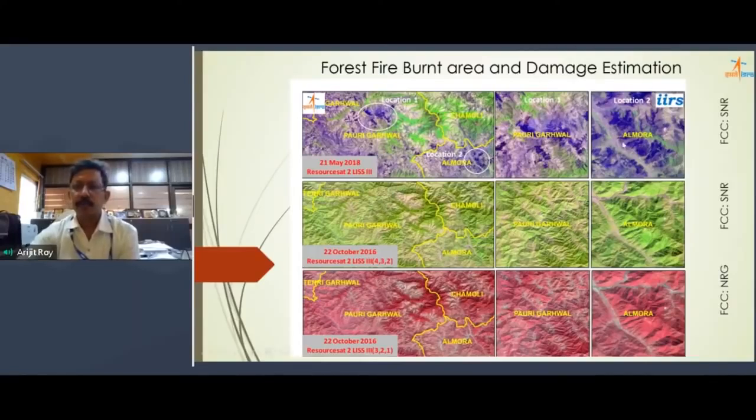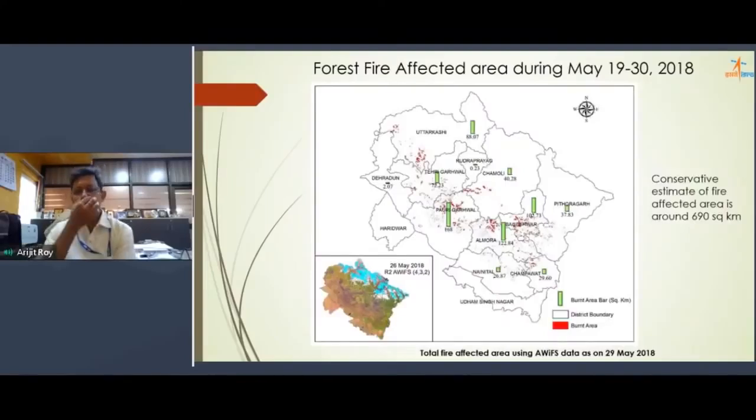So you can see the difference, how the fire scar could be very well separated using the shortwave infrared band. And using this, we can prepare a map as well as the area statistics to identify the amount of burnt area in the region.